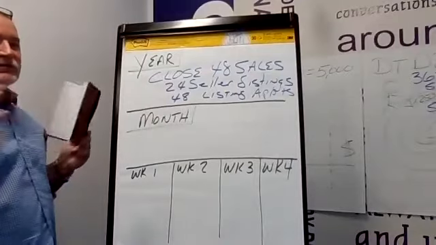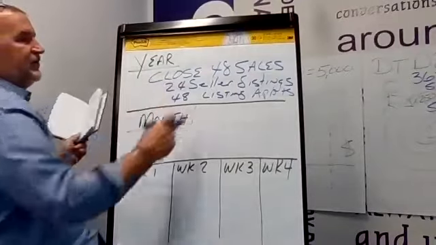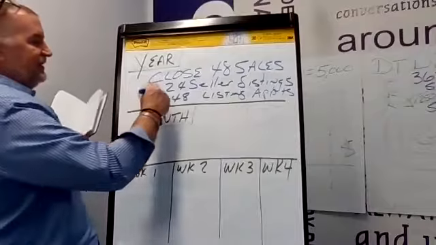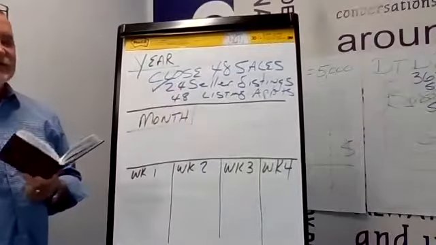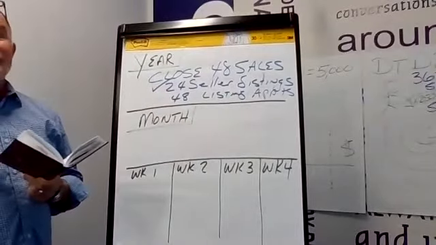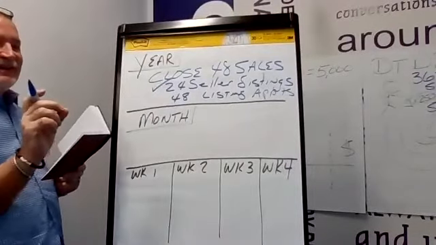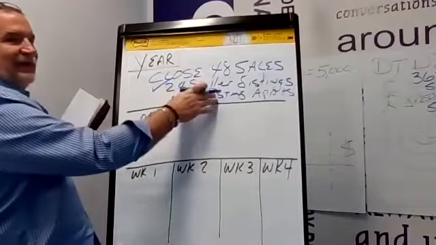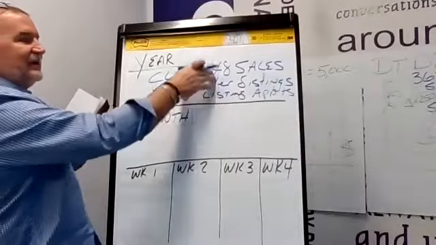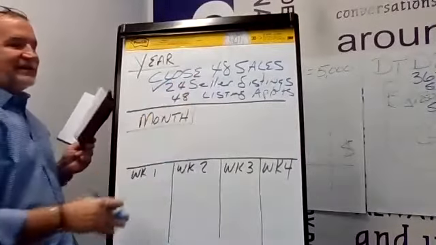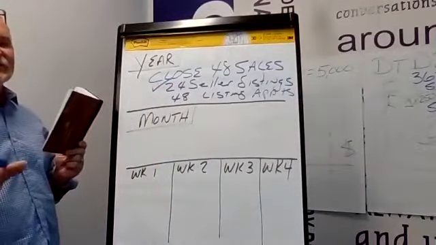Now, if I were going to choose 1, it would not be close 48 sales. It would be take 24 seller listings. That would be the 1. Now, the next step, this doesn't change all year long, by the way. This is the only box in a 411 that stays the same all year long.